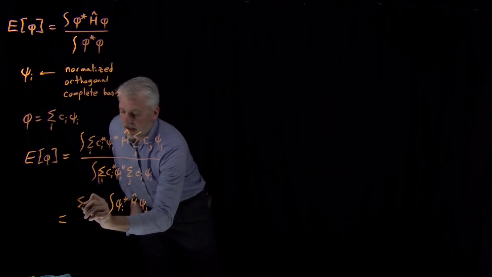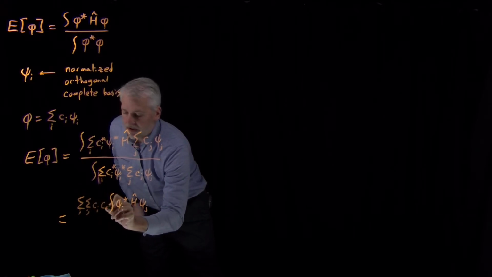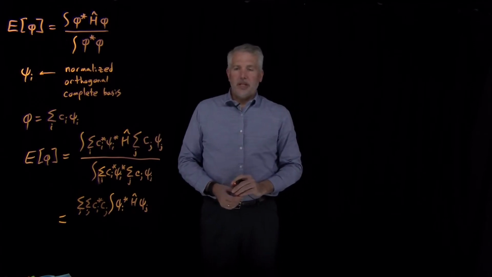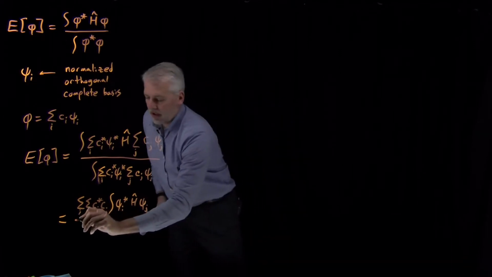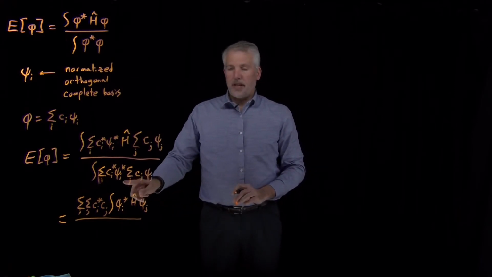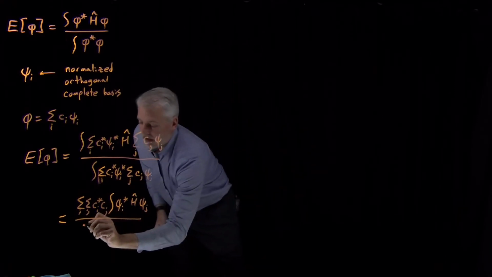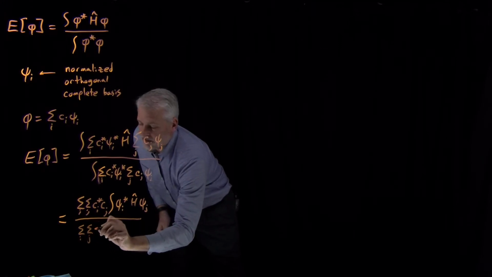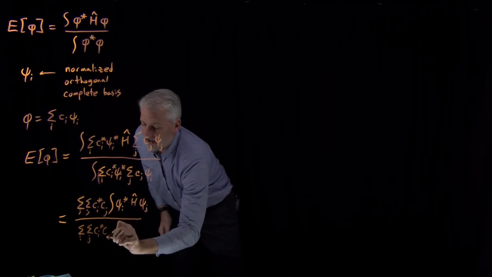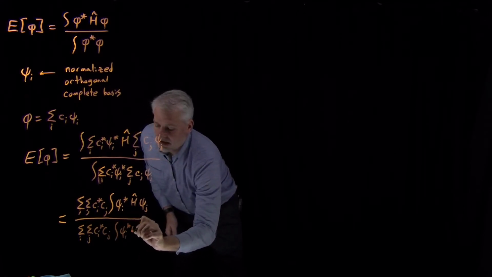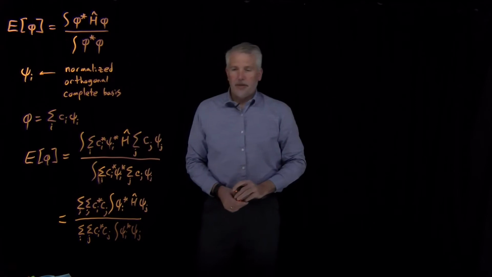Everything else I can pull outside of the integral. So outside of the integral, I have a sum over I and a sum over j, and then 2 coefficients, ci and cj, one of which is complex conjugated. That's the numerator. Very similar in the denominator again, just without the Hamiltonian. So I've got sum over I and sum over j that I've pulled out of the integral, ci star cj, integral of psi I star psi j.